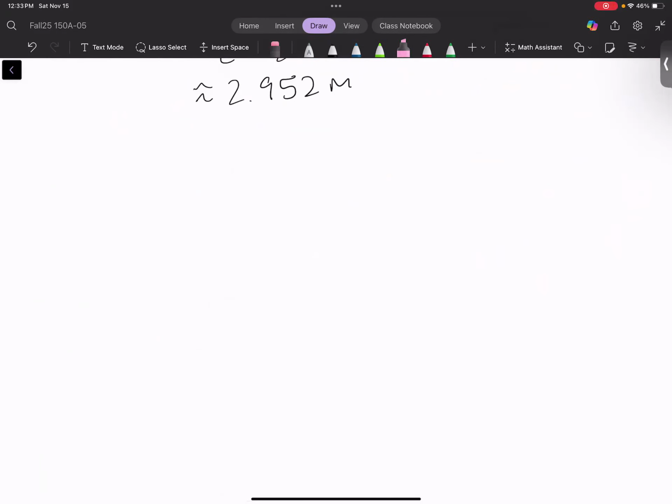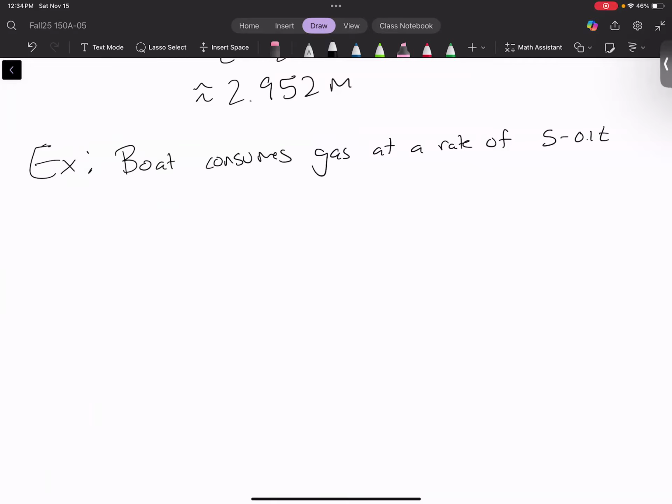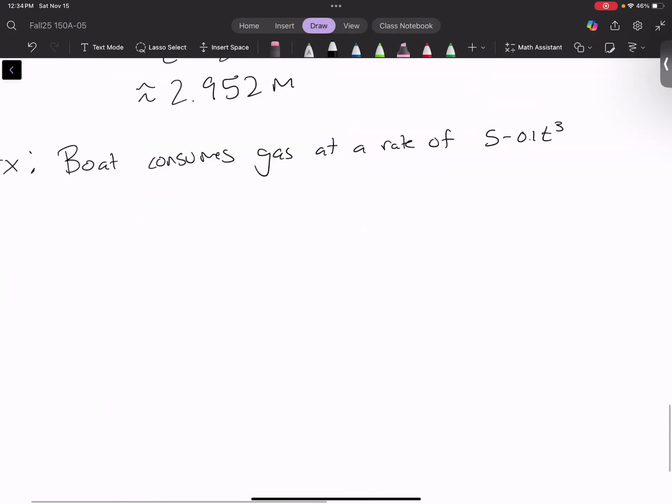Okay, so let's do another example here. Kind of a more real world, quote unquote, example. So let's say a boat consumes gas at a rate of 5 minus 0.1 t cubed gallons per hour.